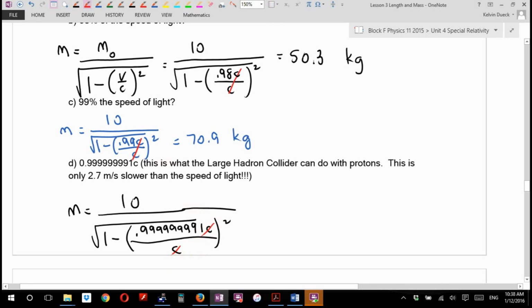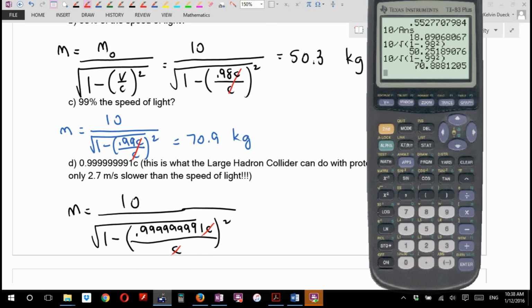Yes, they do. Okay, I'm kind of curious here. So it's going to be 8 nines and then a 1 squared. What would 10 kilograms weigh if you got it to that speed? 74,535.6 kilograms.